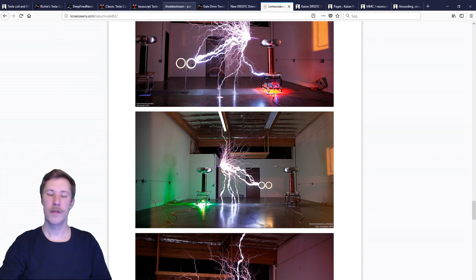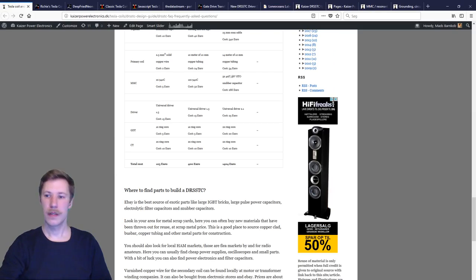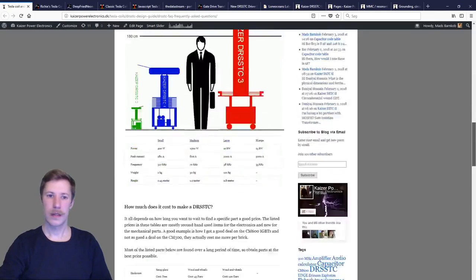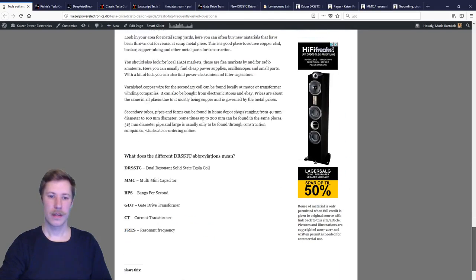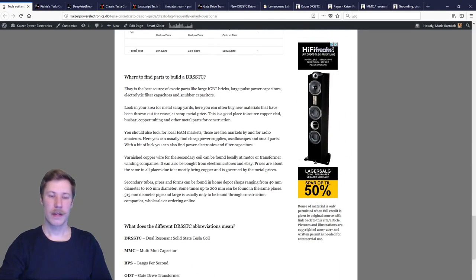So let's move back to the start of the guide, or maybe here the ending part of the FAQ that we started with: where to find parts to build a Tesla coil.